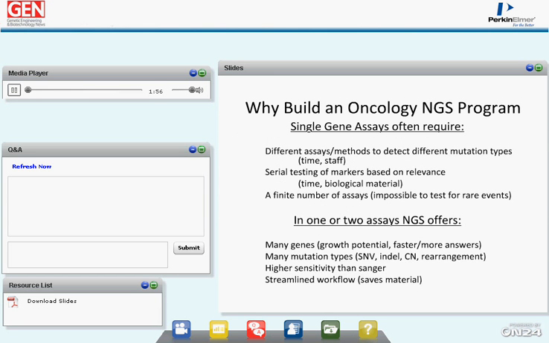But why go with the next-gen sequencing panel rather than a single-gene assay? Well, it really comes down to efficiency and the ability to look across a large variety of markers simultaneously. The single-gene assays are where we started years ago, and what we're seeing is that the complexity of the human genome and the changes in that genome in oncology are really not able to be kept up with one gene at a time.